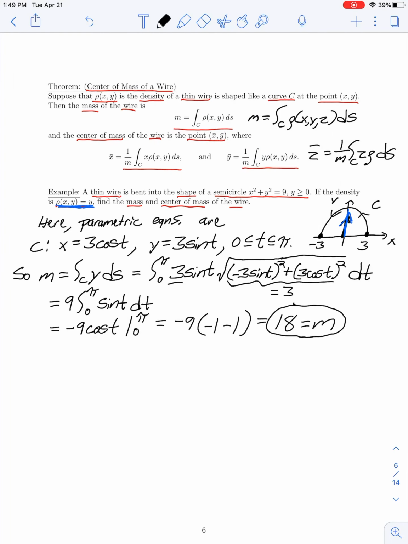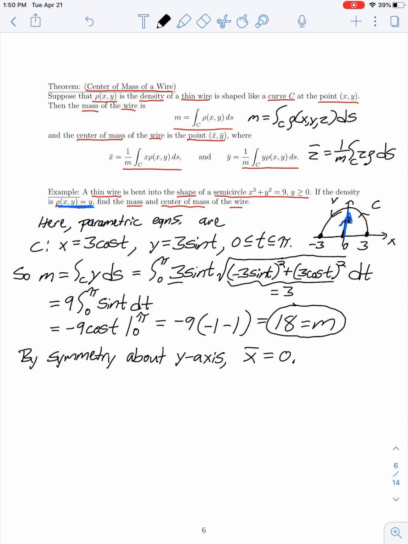Or our center of mass must lie on the y-axis, so the x-coordinate must be 0. So we could say here by symmetry about the y-axis, the x-coordinate for our center of mass, x bar, must be 0.